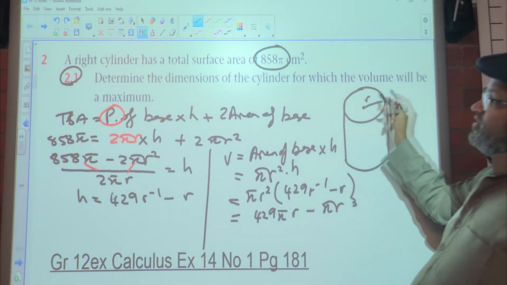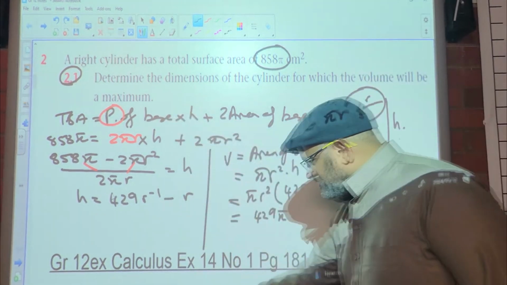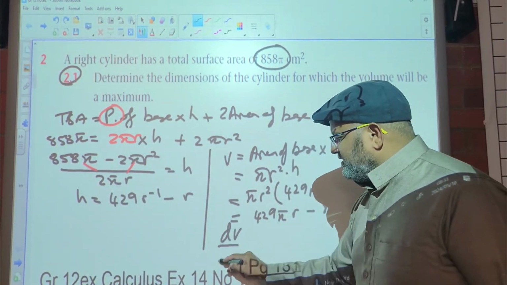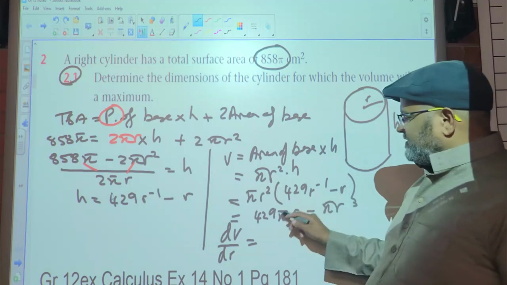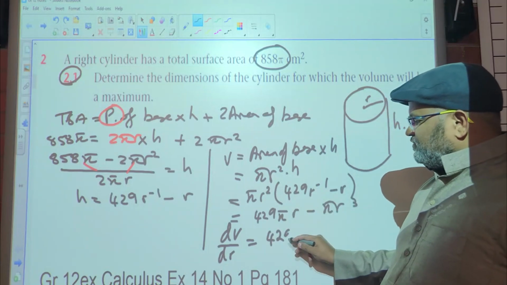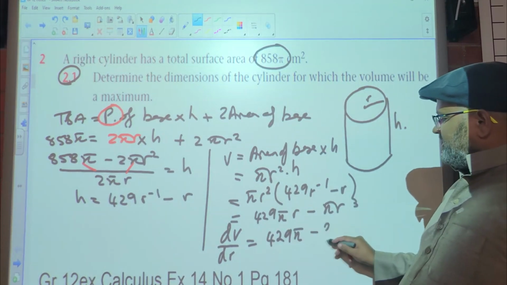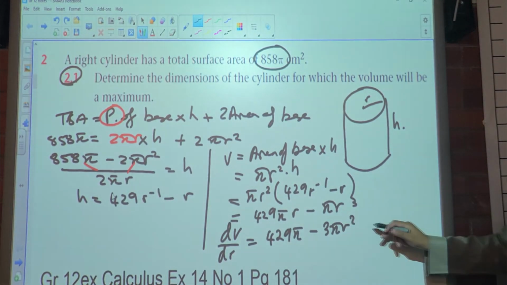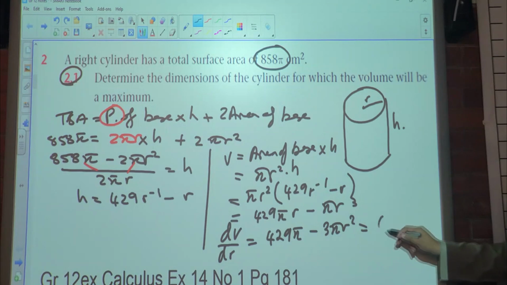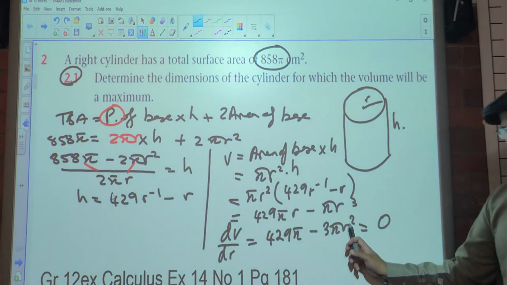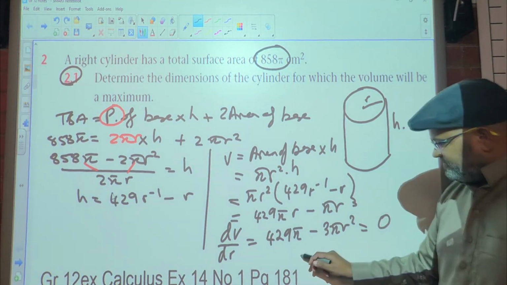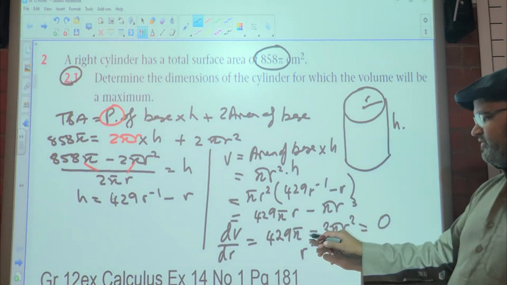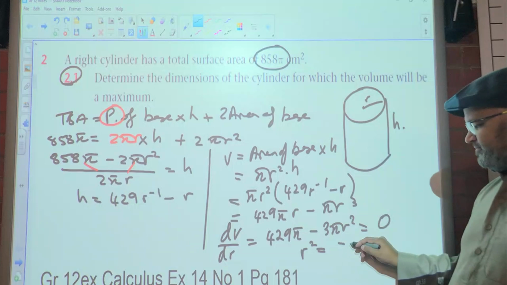The question is the volume will be a maximum. So now I apply the derivative of the volume with respect to r. So dV over dr is equal to 429 pi minus 3 pi r squared. I say this is equal to 0. My aim is to get r squared on its own. So negative 3 pi r squared is equal to negative 429 pi.